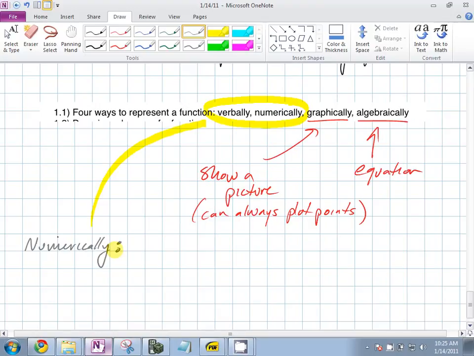I want to describe a function not with sentences, but with a something of values. A table of values. You can make a table of values. You have your x coordinates, your inputs and your outputs. Now, what about verbally?